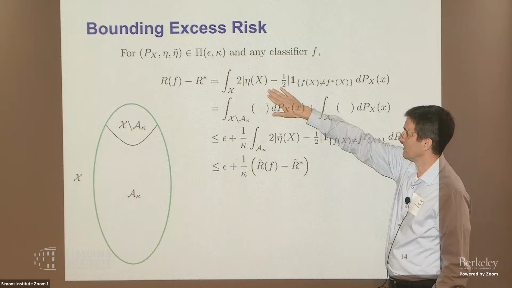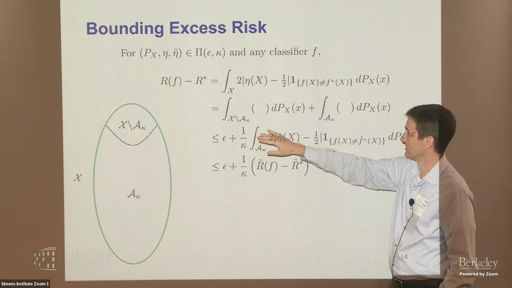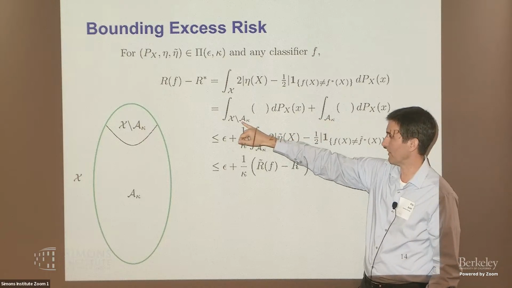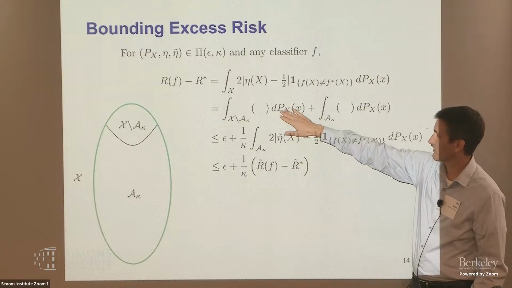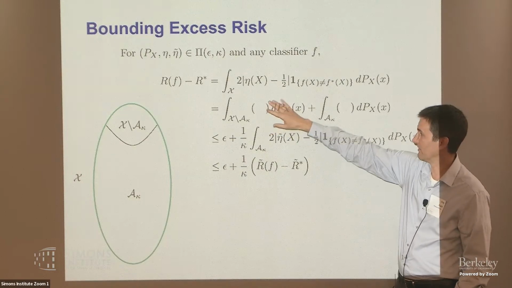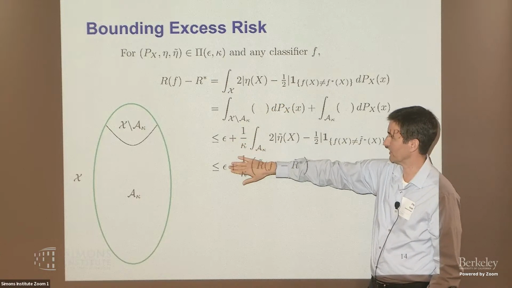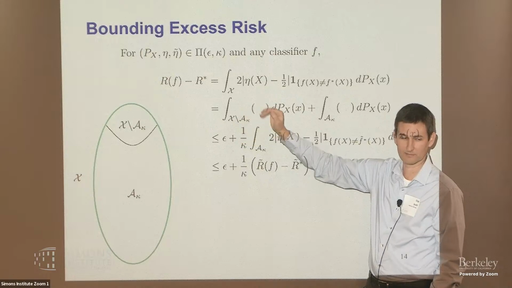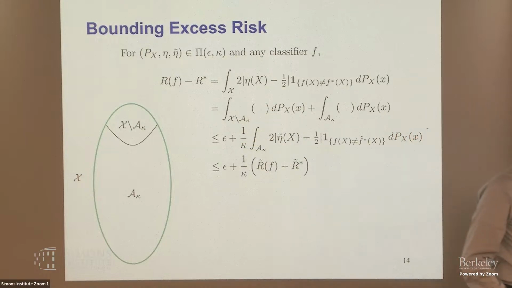Then you decompose this integral into A kappa and the complement of A kappa. On the first term, you just bound the integrand trivially by 1, and this whole term gets bounded by epsilon. This is the set where learning is hard, and we can't really hope to do much there.